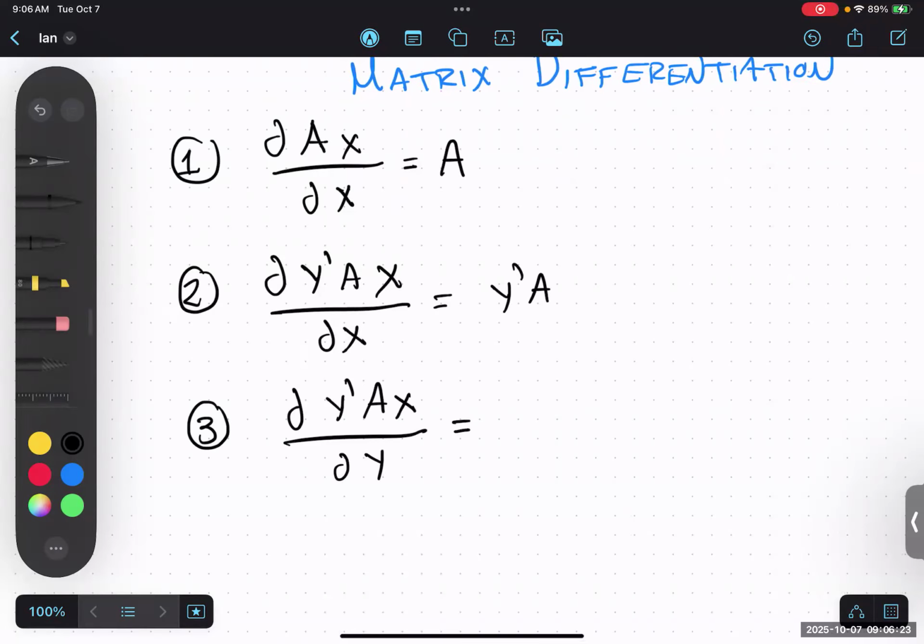Since y is transposed in the original product, and you are taking the derivative with respect to y, you will use a similar property as in the second property, but you will have to transpose the remaining elements, which means that you will have something like x transpose A transpose, right?